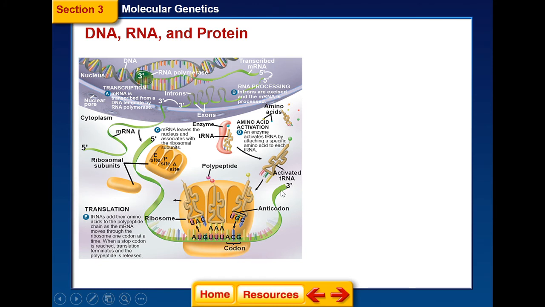So here we have the RNA, and translation occurs to essentially create the start of a protein. tRNAs add their amino acids to the polypeptide chain as the mRNA moves through the ribosome, one codon at a time. When a stop codon is reached, the translation terminates and the polypeptide is released.